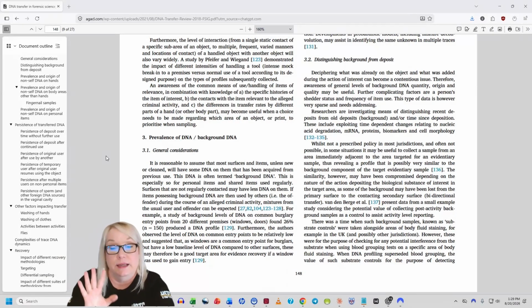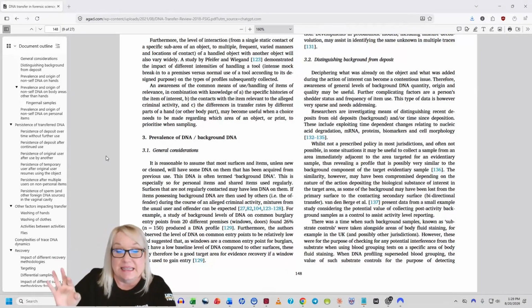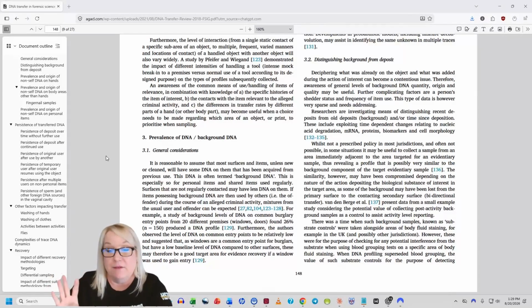The similarity, however, may have been compromised depending on the nature of the action depositing the biological substance of interest in the target area, as some of the background may have been lost from the primary surface to the contacting secondary surface, bidirectional transfer. Vandenberg et al. present data from a small example study considering the potential value of collecting post-activity background samples as a control.